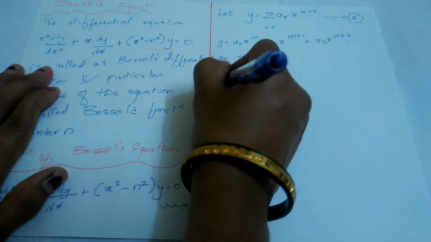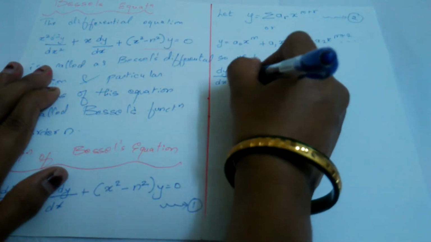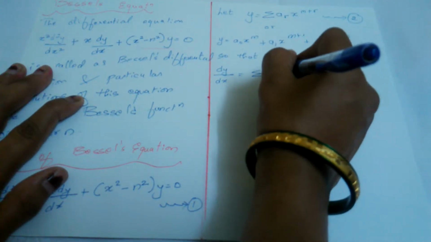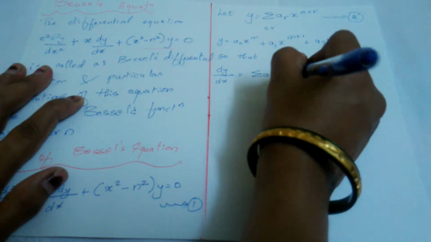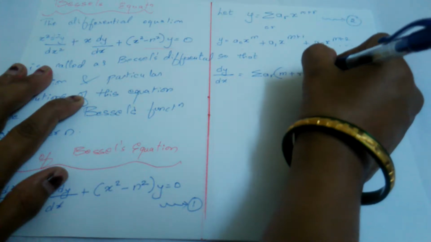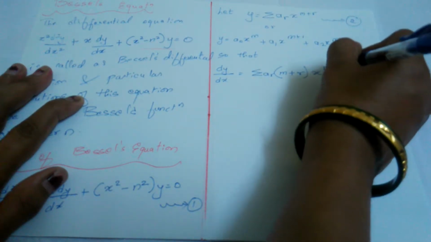Now differentiate with respect to x. So what I'll get? I'll get summation of a_r into m plus r and x to the power m plus r minus 1.